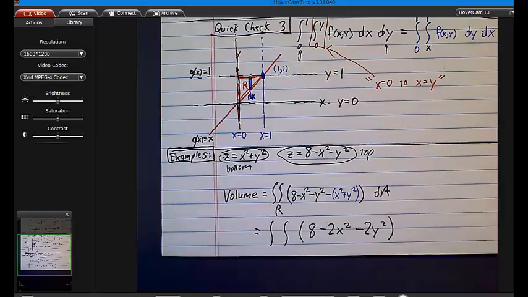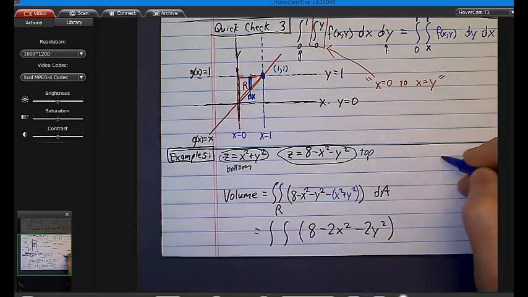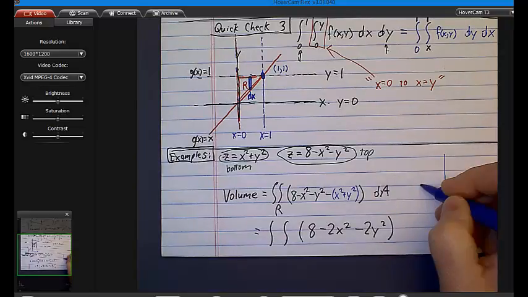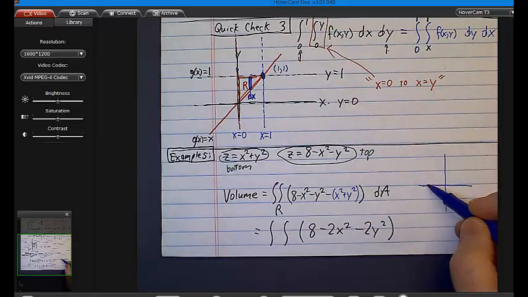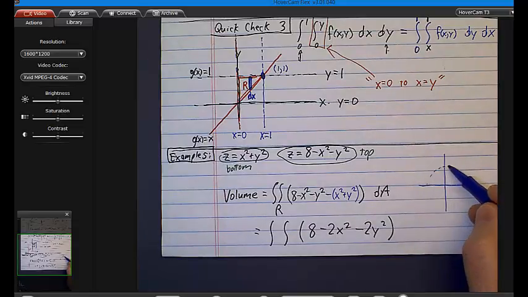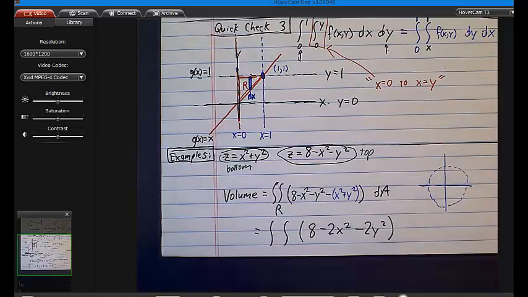So what we want to do now, I think, is sketch R, right? R is going to be the region underneath the surfaces. The shadow is a nice way to say it.